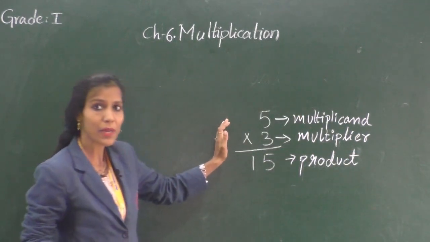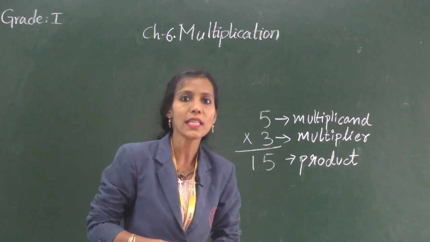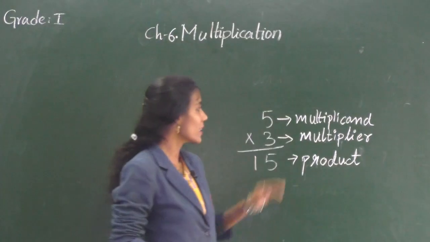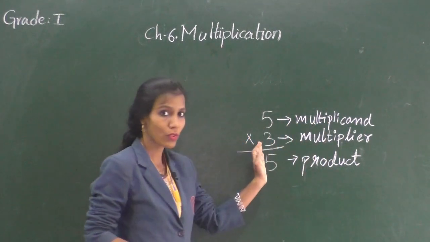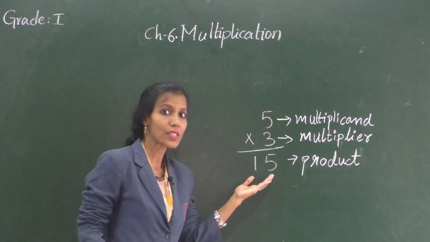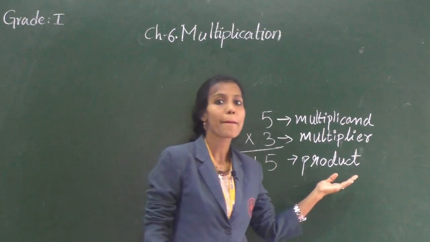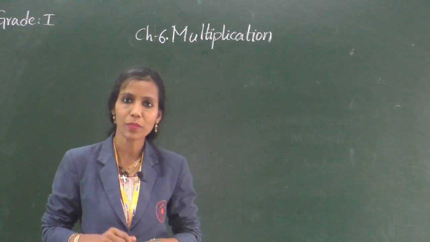Multiplicand, multiplier, product. So these are the terms used in multiplication. Here 5 is known as multiplicand, 3 as multiplier and 15, the result what we get is known as product.